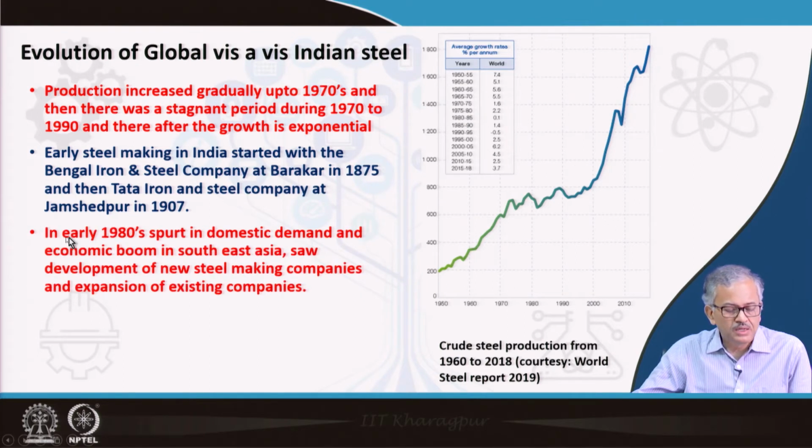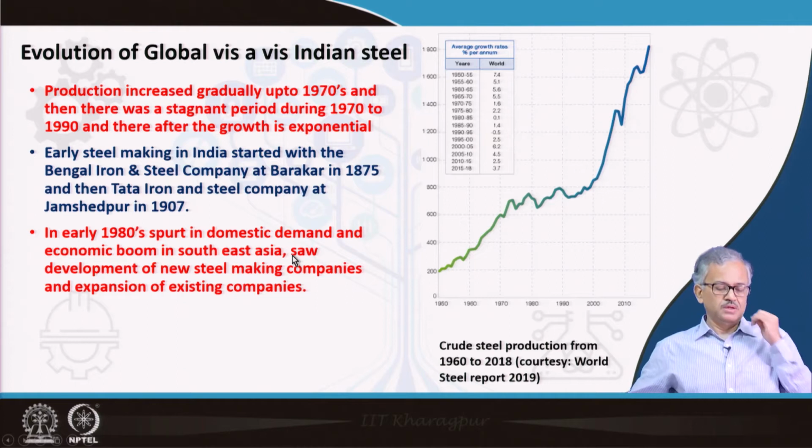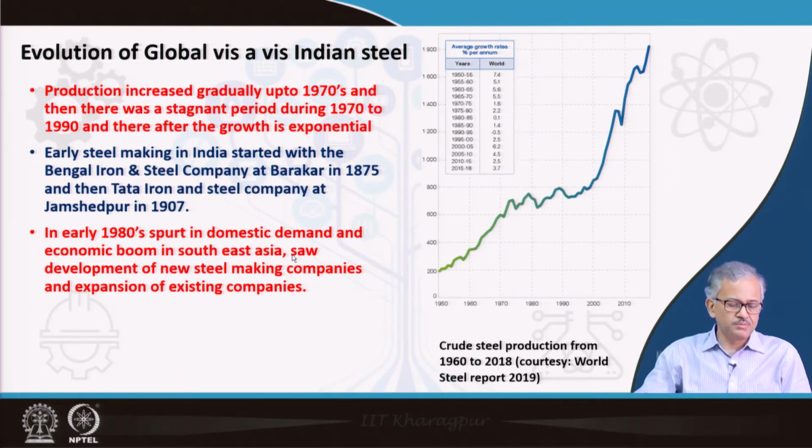After TISCO, in the post-independence period, many steel plants came, the five SAIL plants: Bokaro, Bhilai, Rourkela, Durgapur. Those steel plants came around the 1960s to 70s.